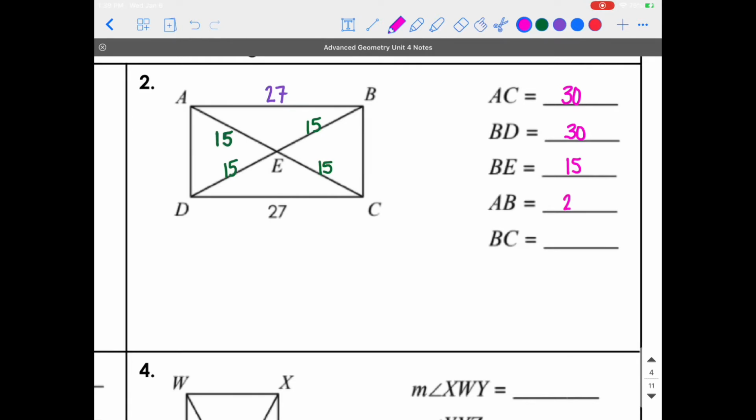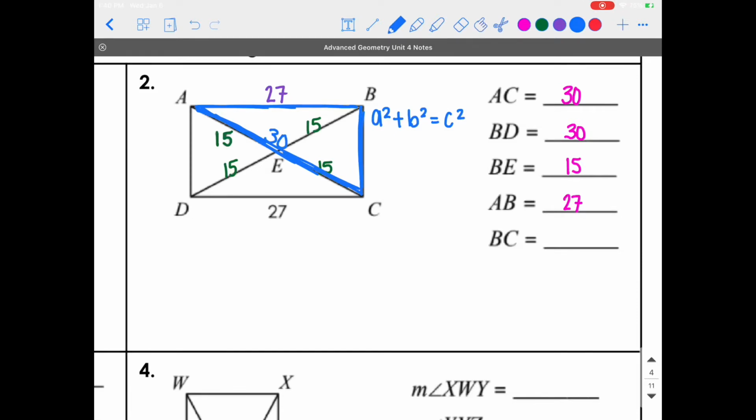AB is 27. And BC, that's a harder one. We don't know anything about BC, but we have AB and AC, so we can do the Pythagorean theorem. A squared plus B squared equals C squared. So remember, this entire AC is 30.